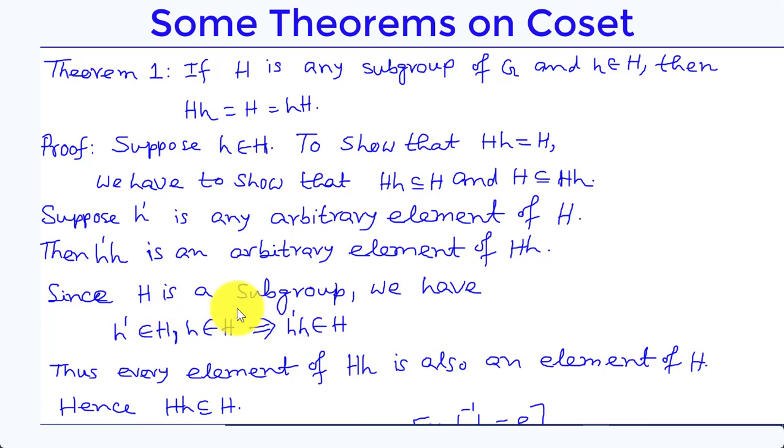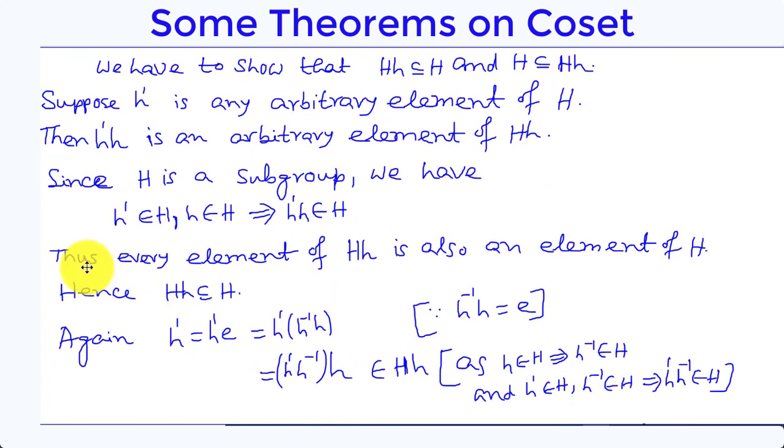Since H is a subgroup, h' belongs to H and h belongs to H implies that h'h belongs to H, since H is a subgroup and it is closed. Thus, every element of Hh is also an element of H. Hence, right coset Hh is a subset of H.